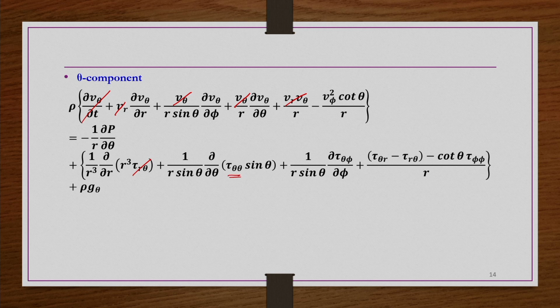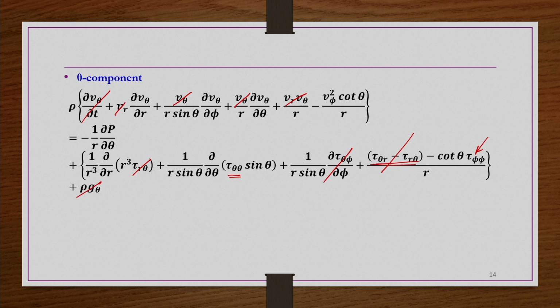The extra stress components we cannot cancel out. Because of symmetry this term is 0, and these two terms are identically equal to each other, at least for laminar flow conditions. So we can strike out that term because the difference is 0, but this term we cannot strike out, because we have to worry about the extra stress component.